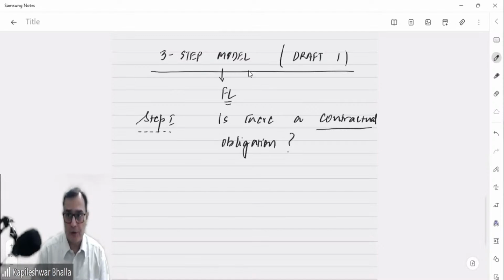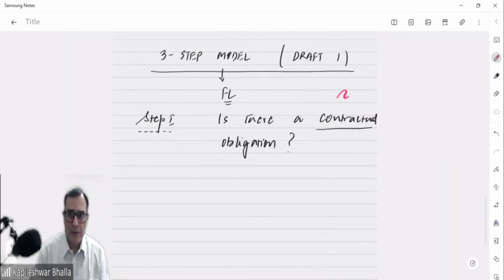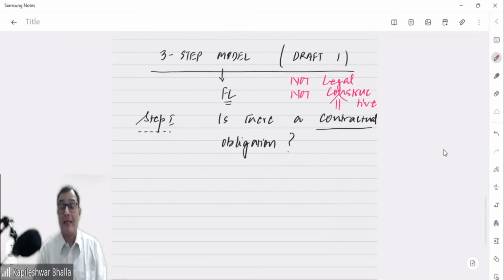It is contractual. Let me also highlight this particular fact for clarity. So when I say it is contractual, we are saying it is not legal. We are saying that it is not constructive in nature. Just for clarity of thought, it's a contractual obligation. It's not legal. It's not constructive.